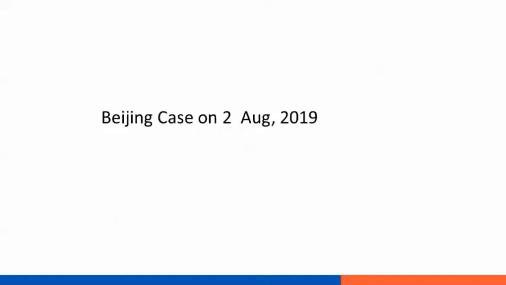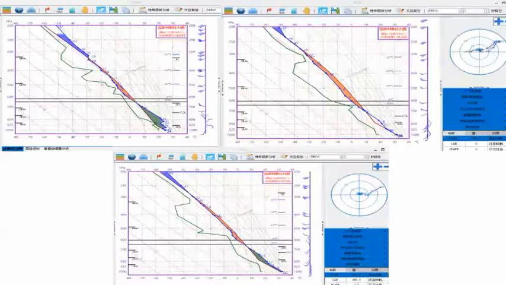Another case, also in Beijing, on August 2, 2019. We're looking at soundings of Beijing at 4 o'clock, 14 o'clock, and 20 o'clock on August 1, 2019, which indicate that the CAP reduced at 20 o'clock, and the CAPE was 301.4 joules per kilogram.